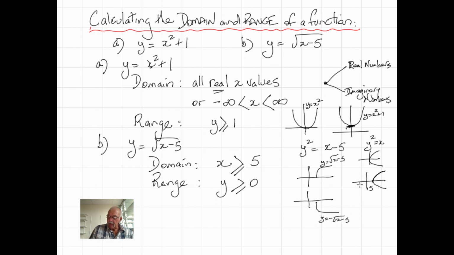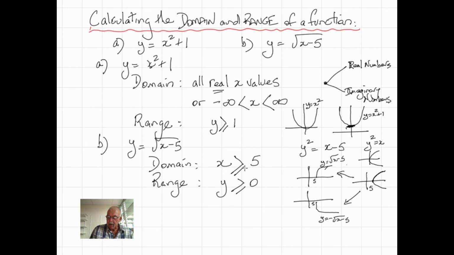So that graph there can be split into two. Both those points there are 5. So this is the positive side. Now that's the one we're asked to find the domain and the range for. This, we're not asked to find the domain and the range.